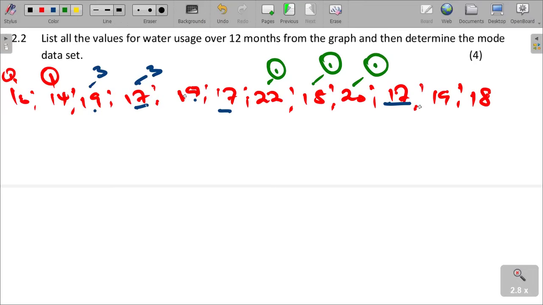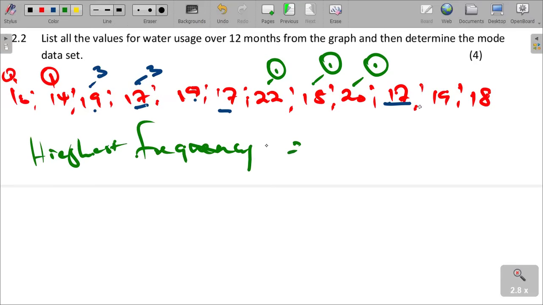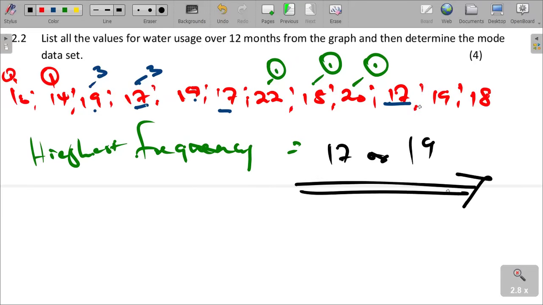So what we are saying is the modal class is the one with the highest frequency. From the data set that we have here, this can be 17 or it can be 19.